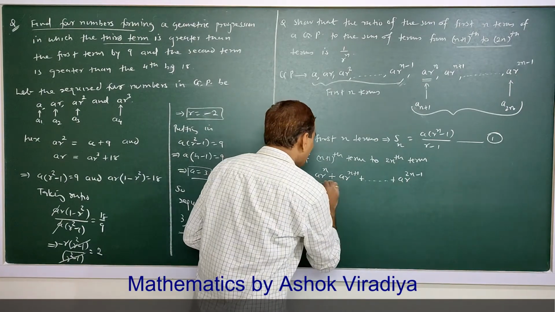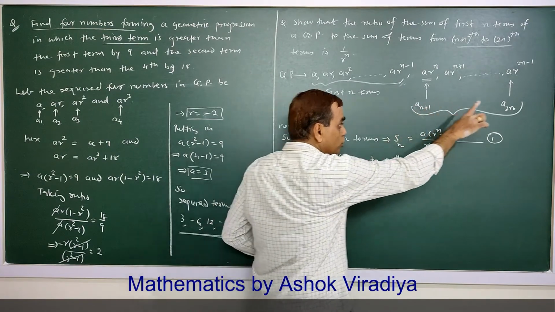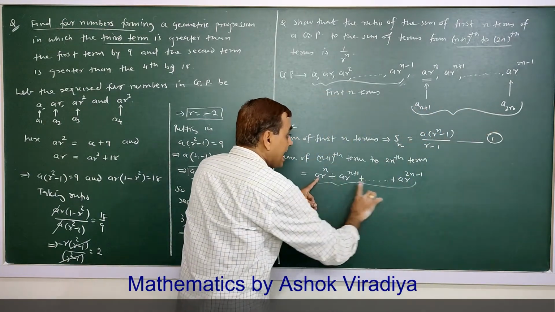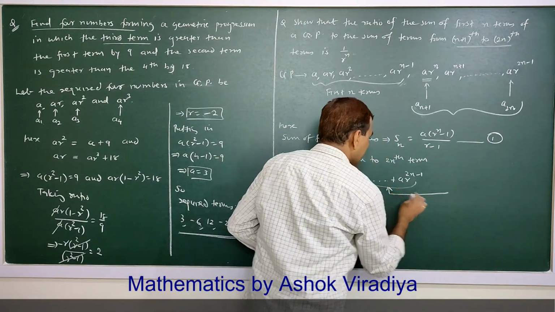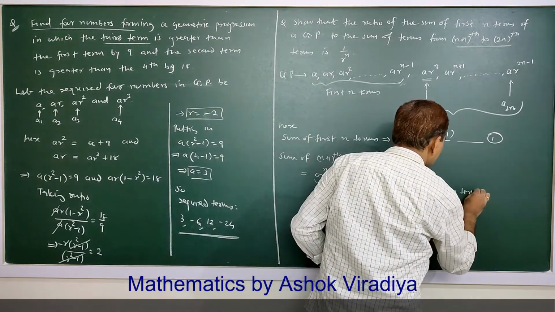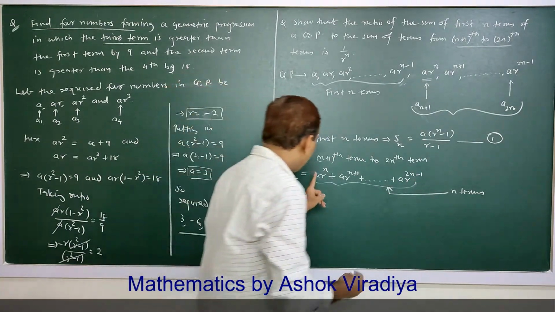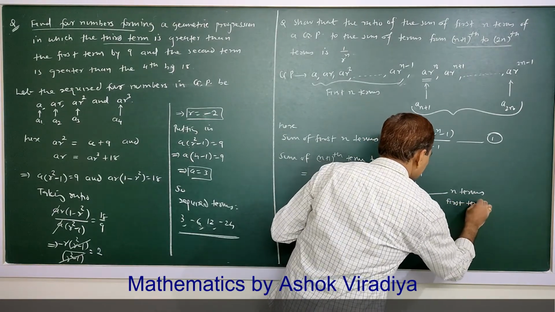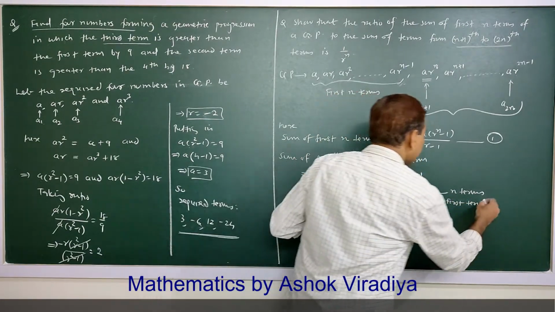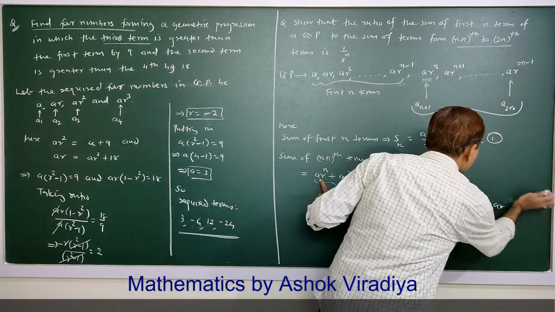So these are how many terms? N plus 1th to 2nth. So these are n terms. Number of terms are n. In which first term is a into r raised to n.